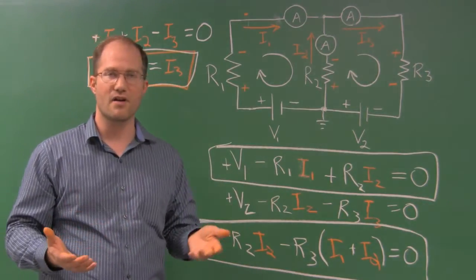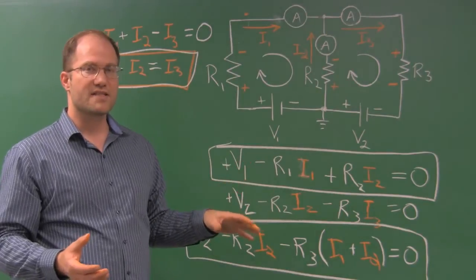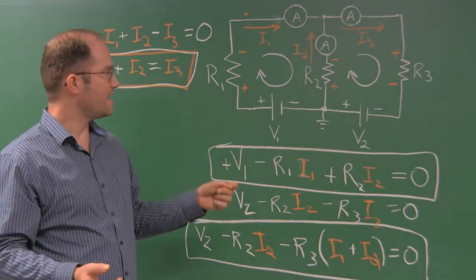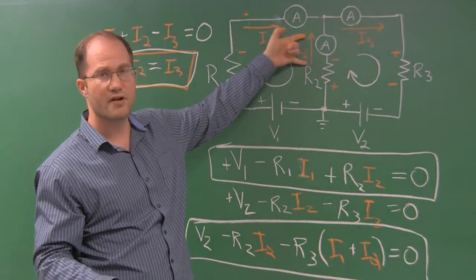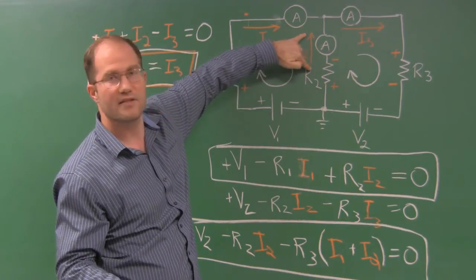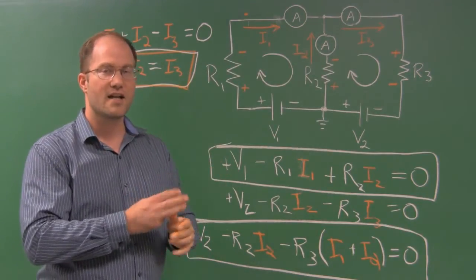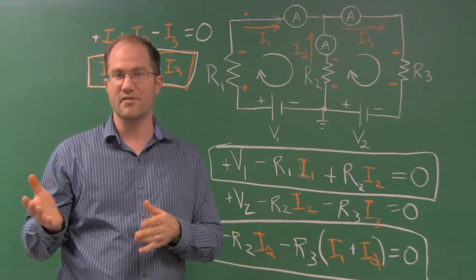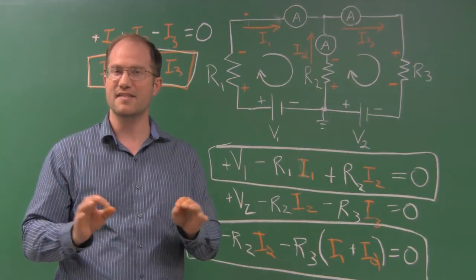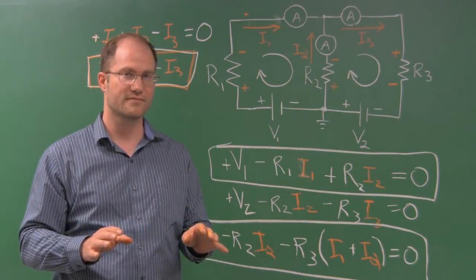So I can solve for all three currents. And if it turns out that one of my currents is negative, all that indicates is that I chose arbitrarily the wrong direction of the arrow, and I need to go back and flip it. And so now that we've predicted our three currents, let's go back to the circuit board and test to see if our predictions for those three currents were correct.